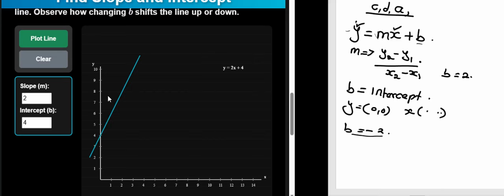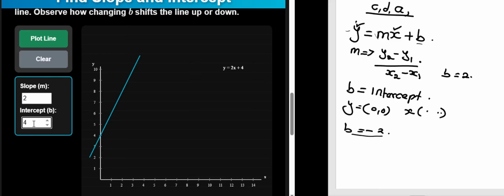So if I plot the line, you see it comes at 4, meaning the y-intercept of this line is 4, representing the value of y where the line cuts the y-axis when x is 0. And if you check on the equation of this line, you'll realize 4 is put here, meaning this is the intercept of the line from our equation, where we said y is equal to mx plus b, and b represents the intercept of the line.